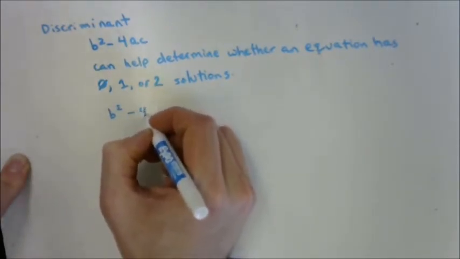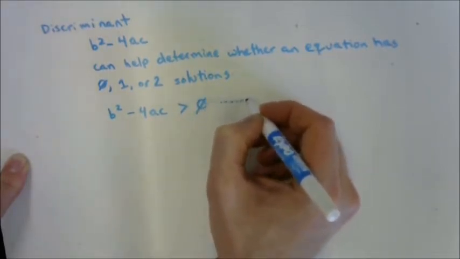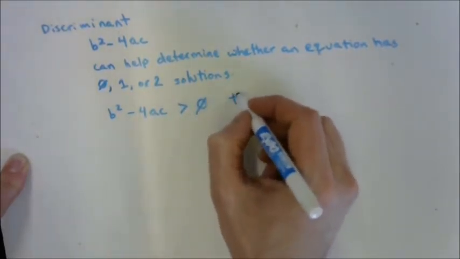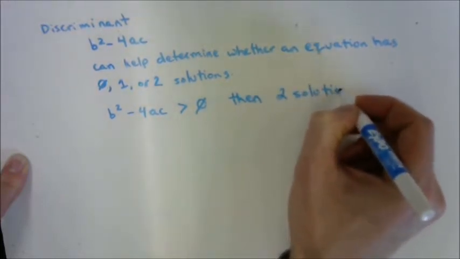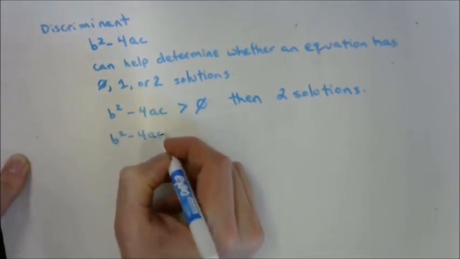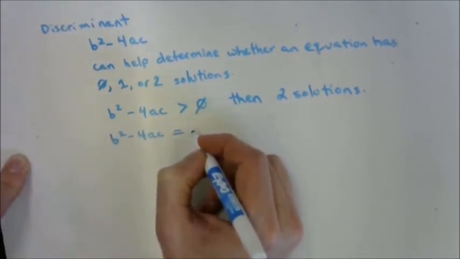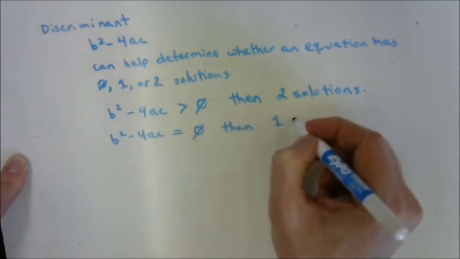If b squared minus 4ac is greater than 0, then 2 solutions. If b squared minus 4ac is equal to 0, then 1 solution.